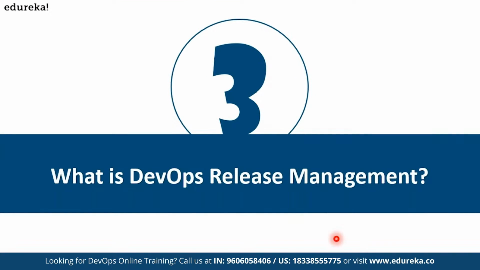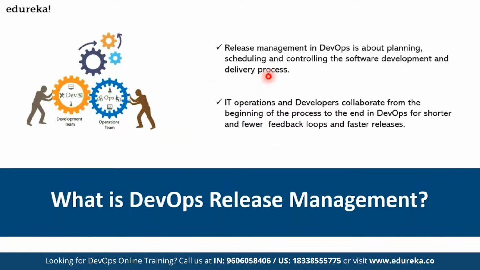What is DevOps release management? Release management in DevOps is about planning, scheduling, and controlling the software development and delivery process. IT operations and developers collaborate from the beginning of the process to the end in DevOps for shorter and fewer feedback loops and faster releases.